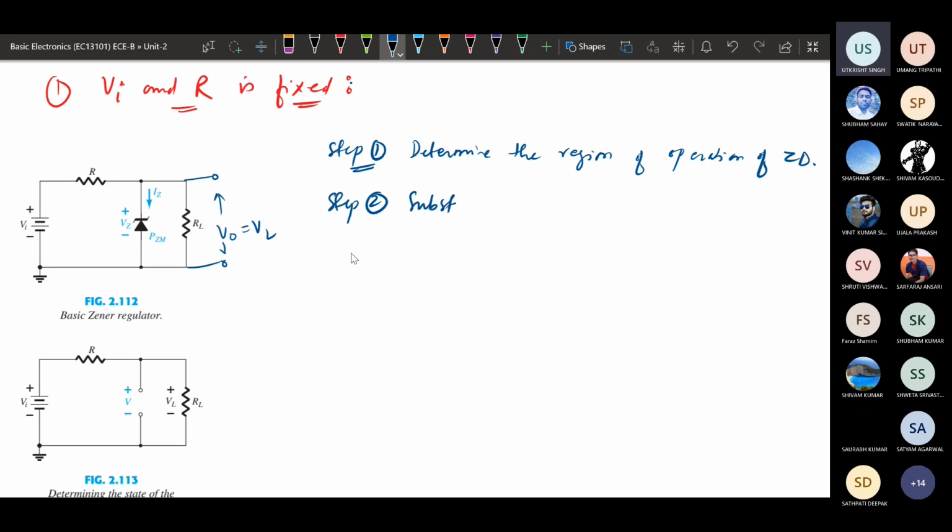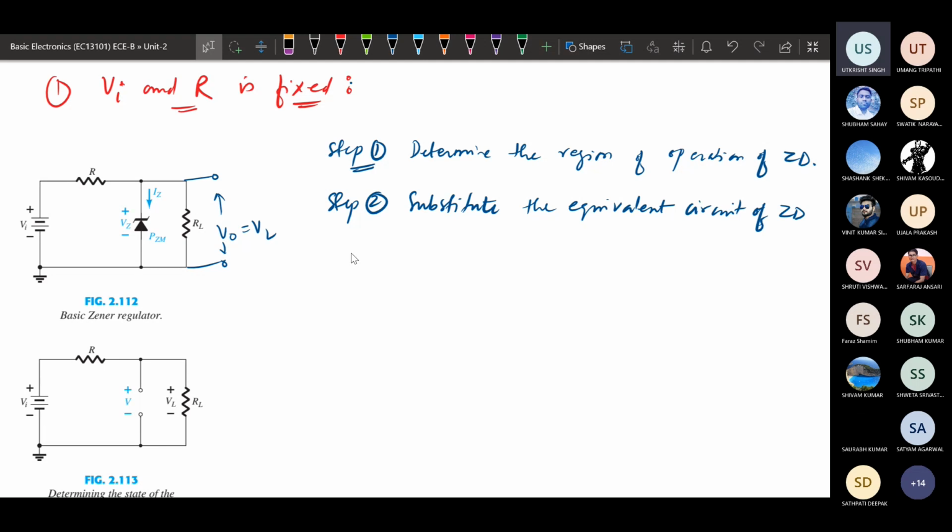We need to substitute the equivalent circuit of the Zener diode.